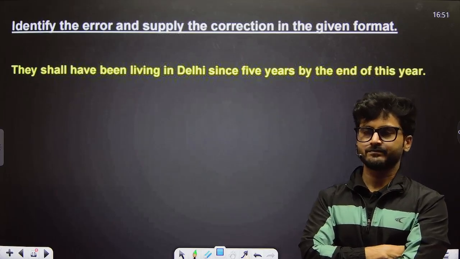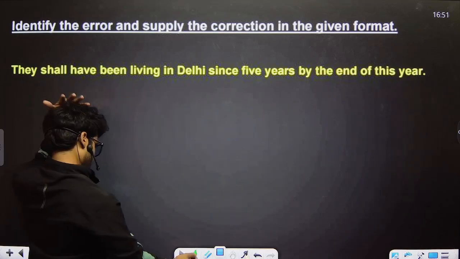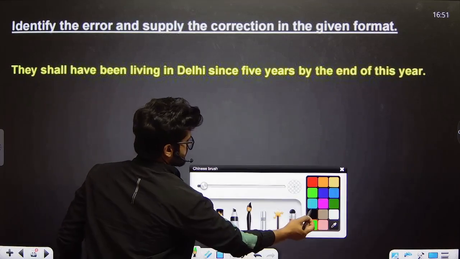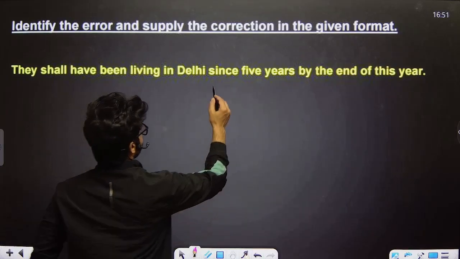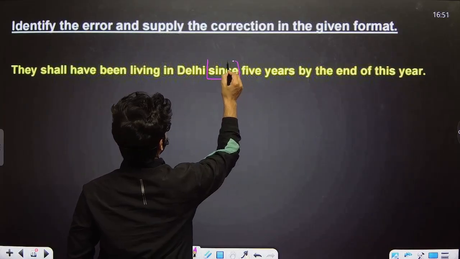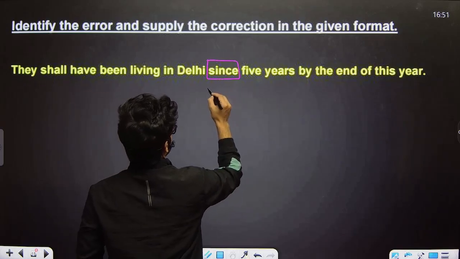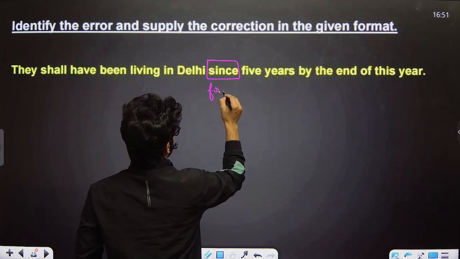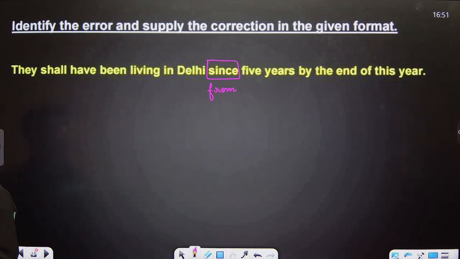Done. I have told you not to use since here, since is for past cases. You are going to use from here: from 5 years by the end of this year. Got it?